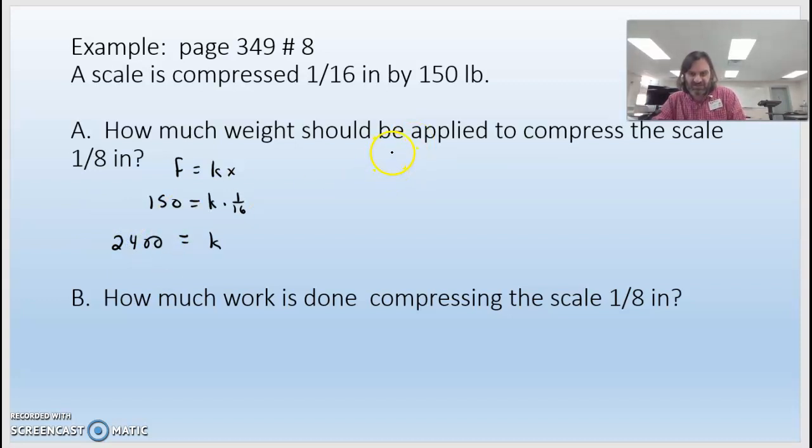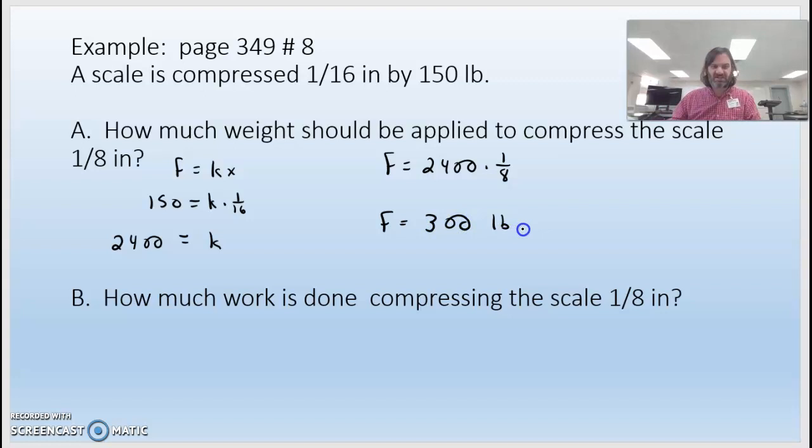So when I want the force, I'm going to say the k, which is 2400, times the 1/8 of an inch. So that force will be 2400 times 1/8. So it looks like that is a 300-pound force to make it move 1/8 of an inch, and that is proportional, like we said.